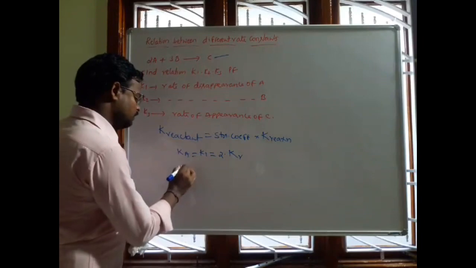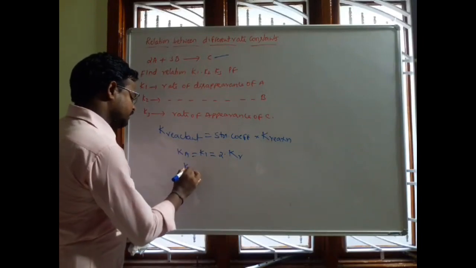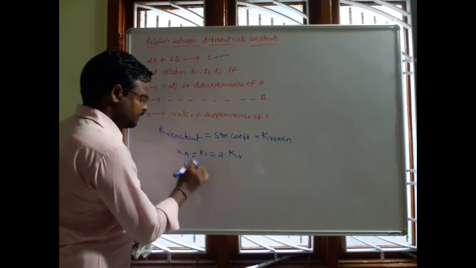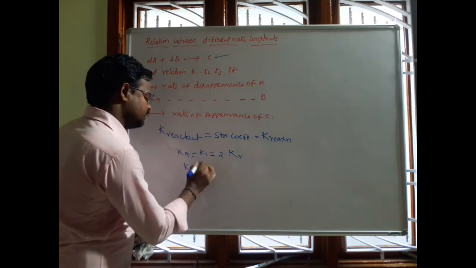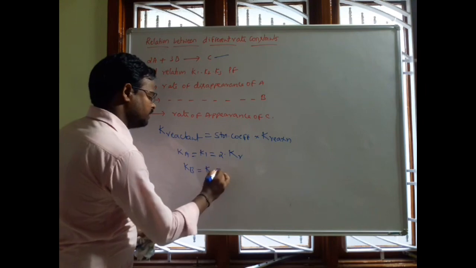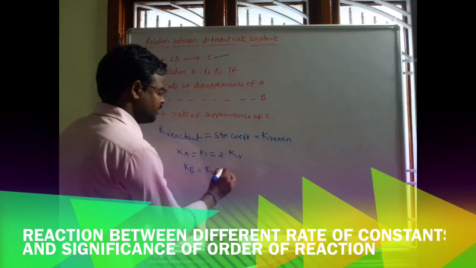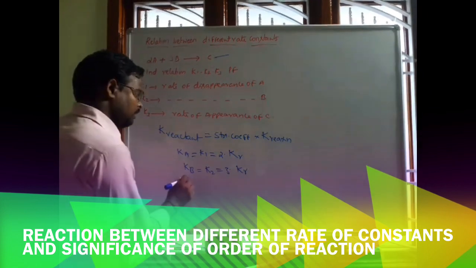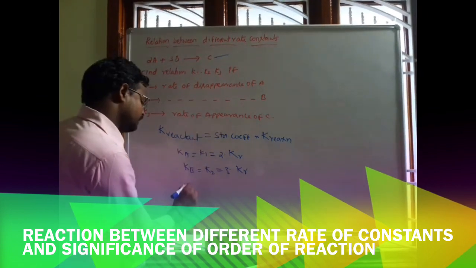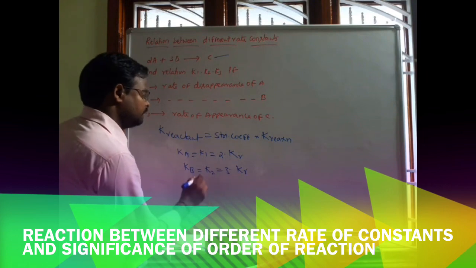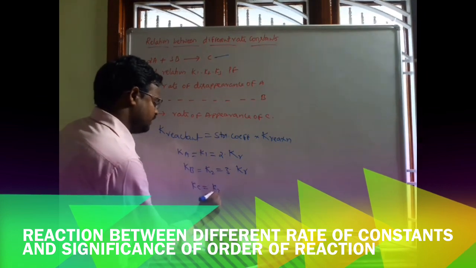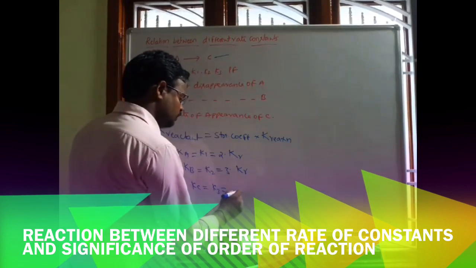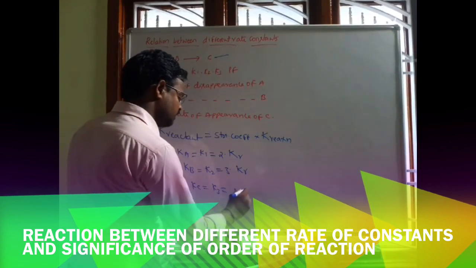For reactant B, K2 equals 3 into Kr. And for C, K3 equals 1 into Kr, that is Kr only.